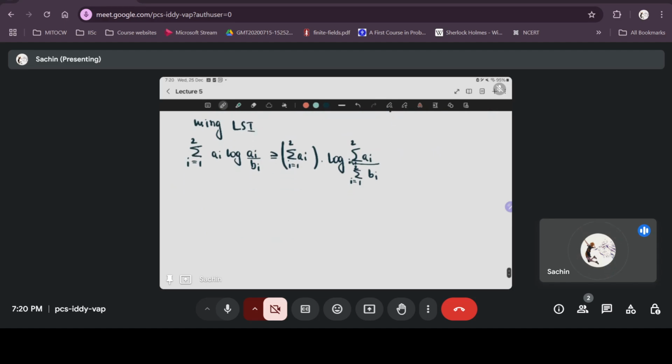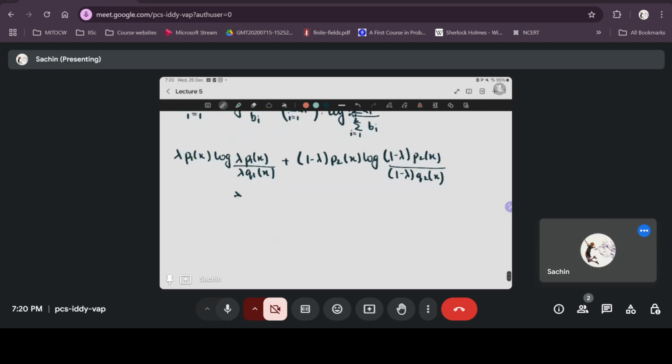So that is a1 log of a1 over b1 plus a2 log of a2 over b2, which is lambda P1 of x log of lambda P1 of x by lambda Q1 of x, plus 1 minus lambda P2 of x log of 1 minus lambda P2 of x over 1 minus lambda Q2 of x.